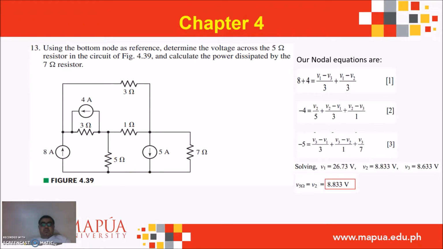For the power dissipated by the 7 ohm resistor, first we need to know its voltage. As we can see, its voltage is equal to V3, so using Ohm's law, the power formula would be V squared over R, which is V3 squared divided by 7, and it is equal to 10.65 watts.